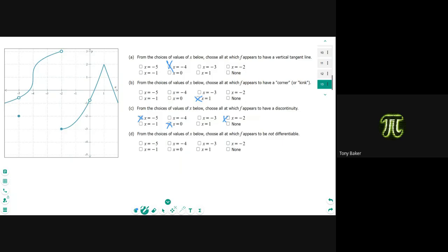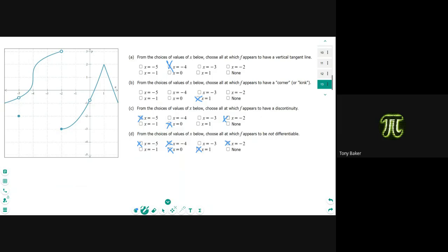So which ones of these places are not differentiable? It's every one you've already marked. It's not differentiable at any of those points.